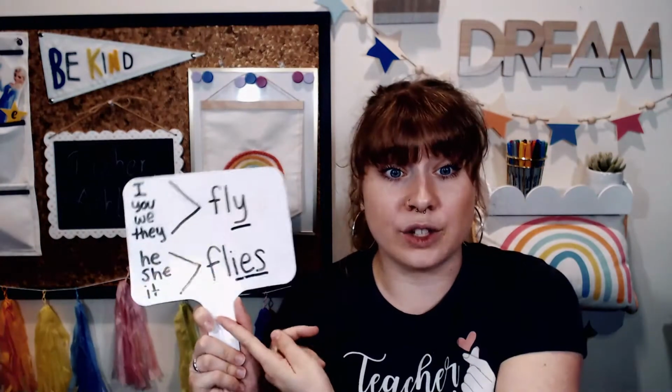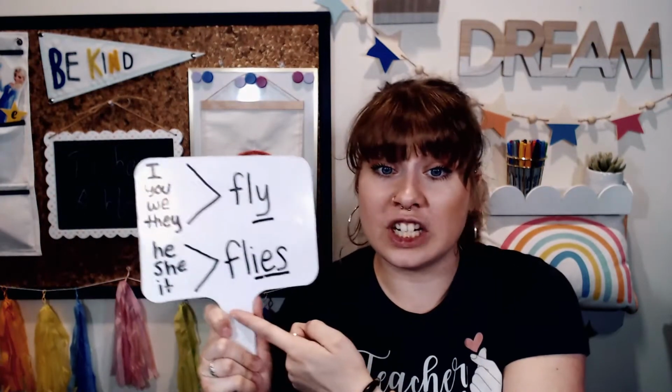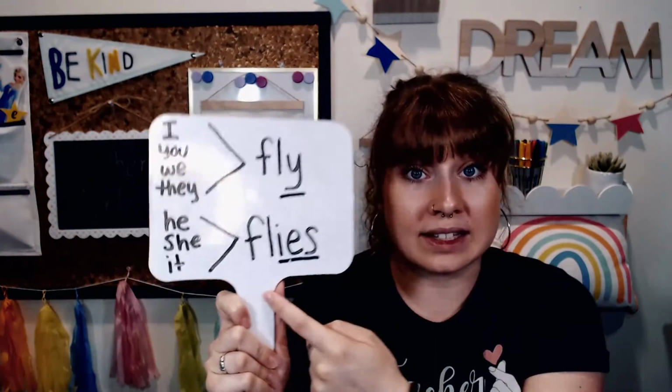Way to go. Slide 7 has another guided practice drag and drop activity. The student will be asked to drag and drop the correct conjugation, fly or flies. So once again, you're going to want to use your little cheat sheet for them here so they can see which word to use.